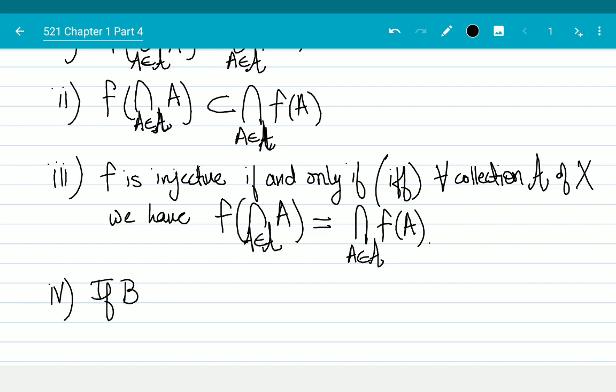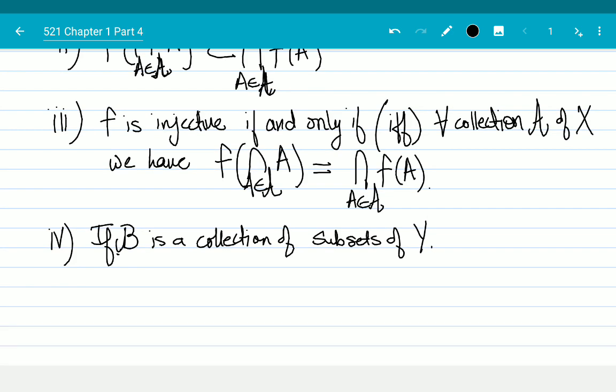If ℬ is a collection of subsets of Y, then things are slightly better.